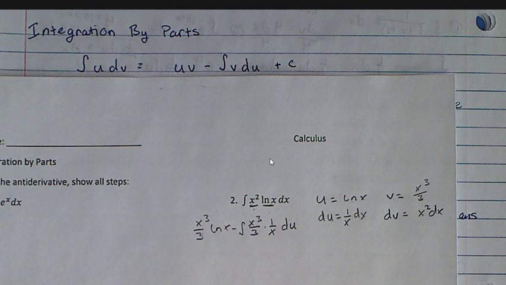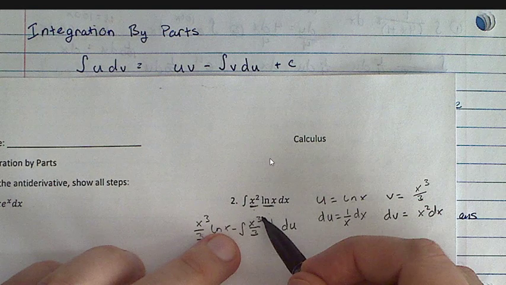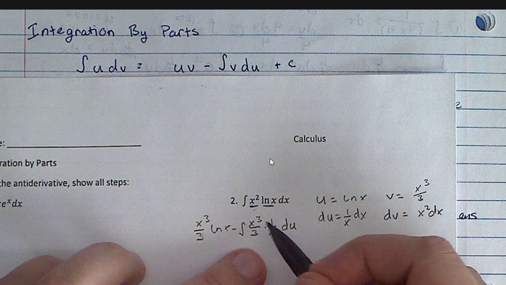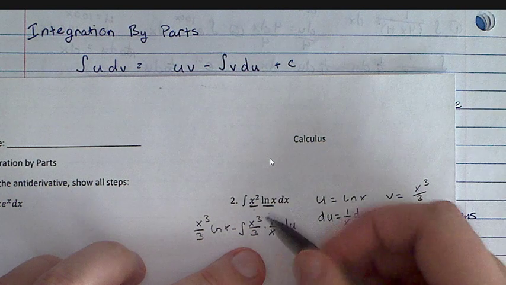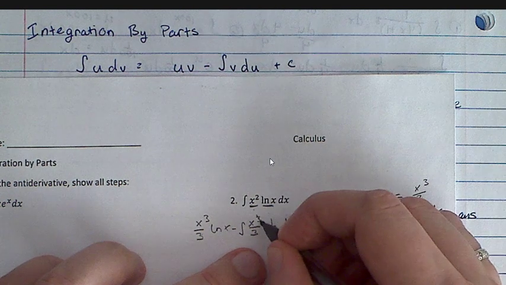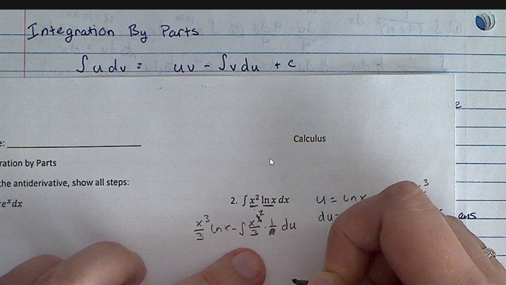Now, in that second integral, what can I do here to make my life easier? Simplify, right? Yeah, cross reduce. So this x to the third and this x here would cross out toward x squared. So the x to the third would turn into x squared, and then this x here would just go away. No more x.